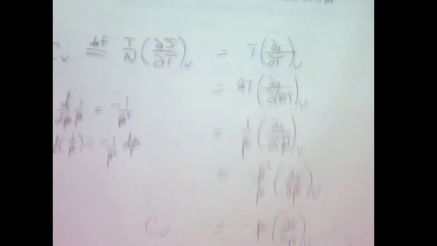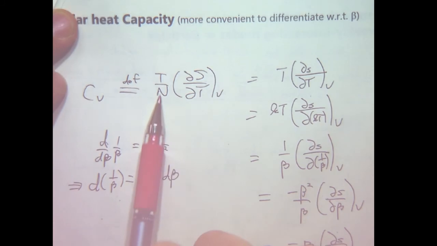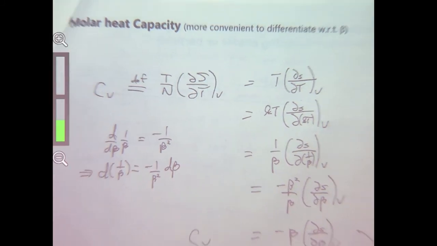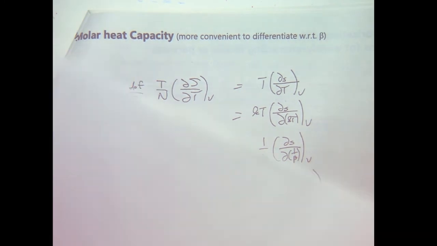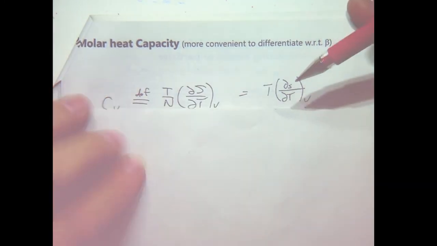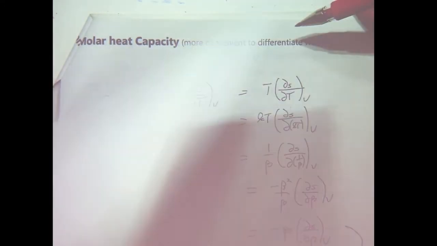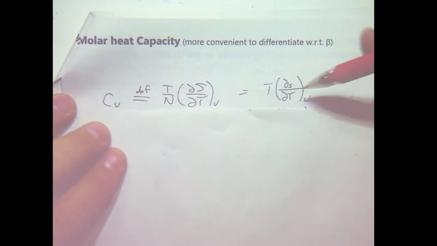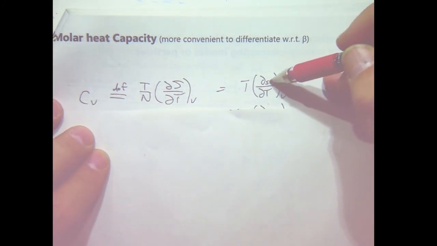Then the molar heat capacity is defined as T over N dS by dT at constant V. And so, what's the best way forward? It's most convenient to differentiate with respect to beta. So that's just dS by dT.